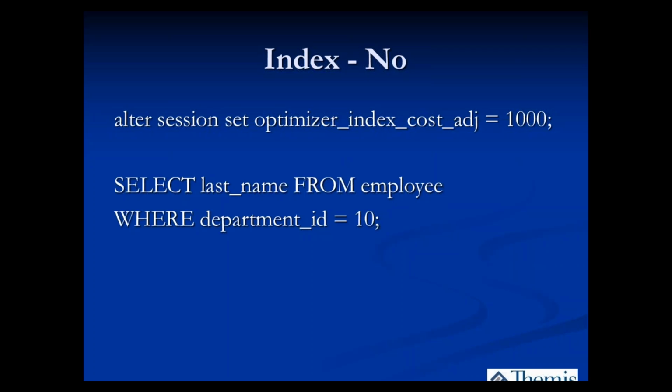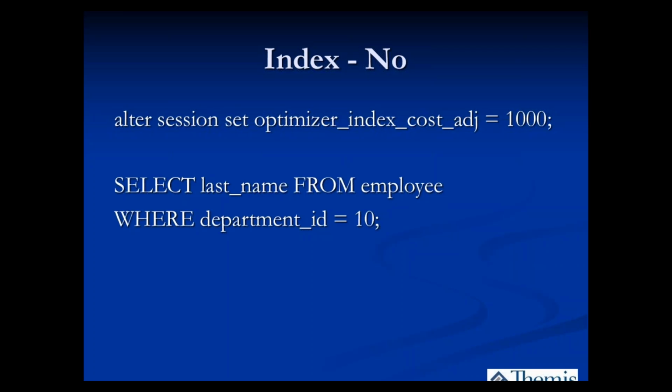But you can look at a view called v$parameter and see what the setting is if you have privileges to select from it. Or you can ask the DBAs what the setting is, because you're having trouble getting the optimizer to choose an index. And this won't be the only parameter out there, but this will be one of them that you may want to check.